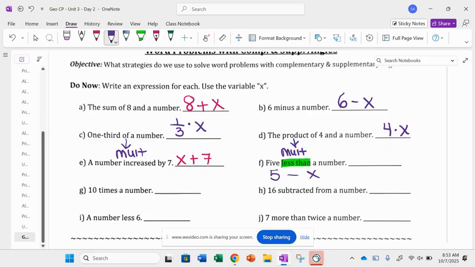So meaning, I am 5 feet shorter than, I'm 5 inches, I should say. I should say I'm 5 inches shorter than Leilani. It's not true.